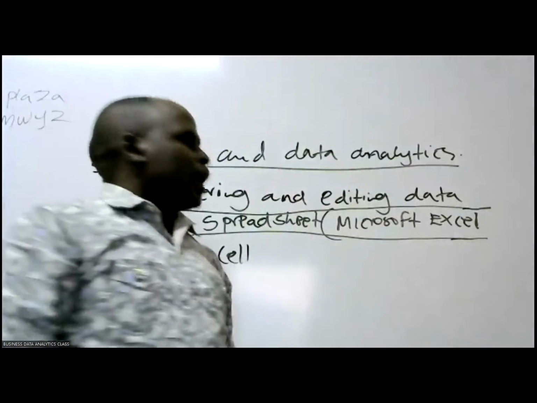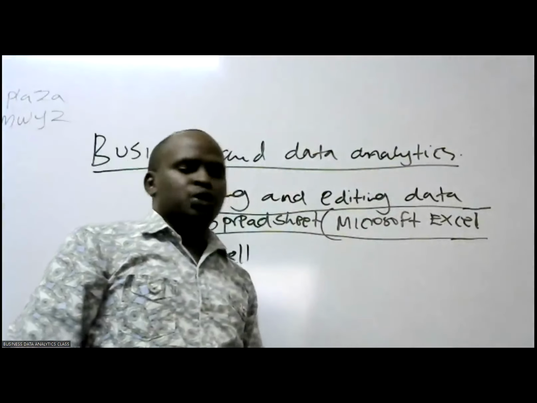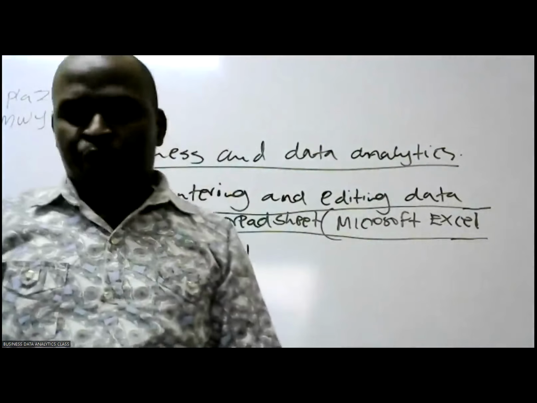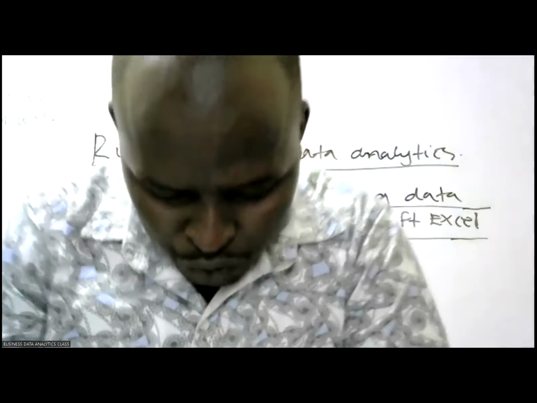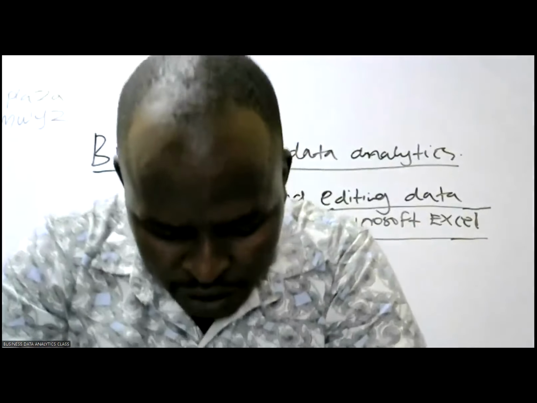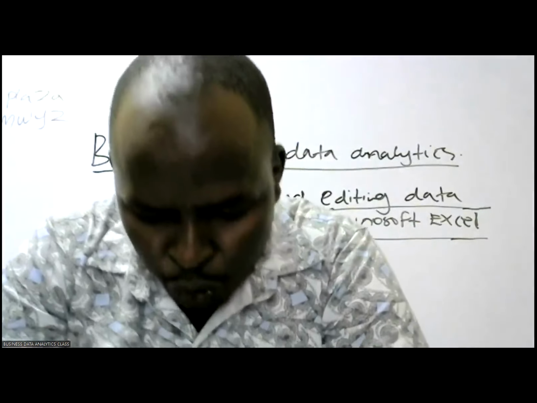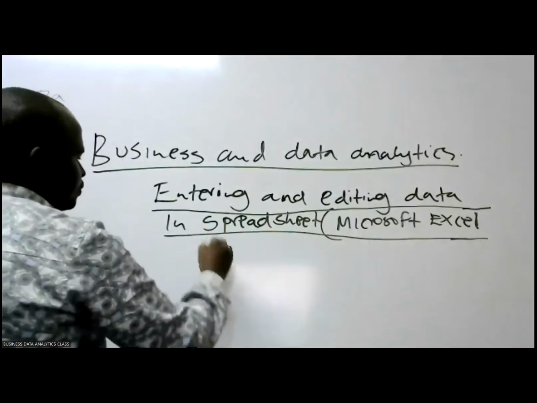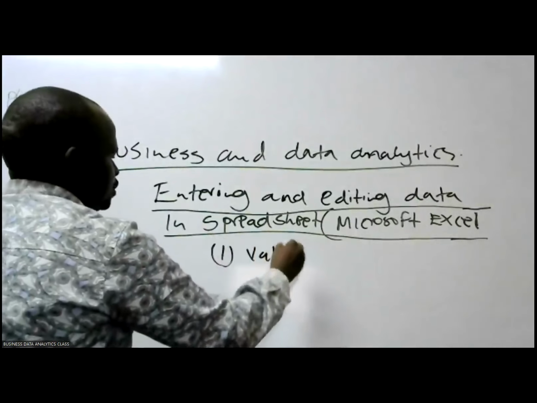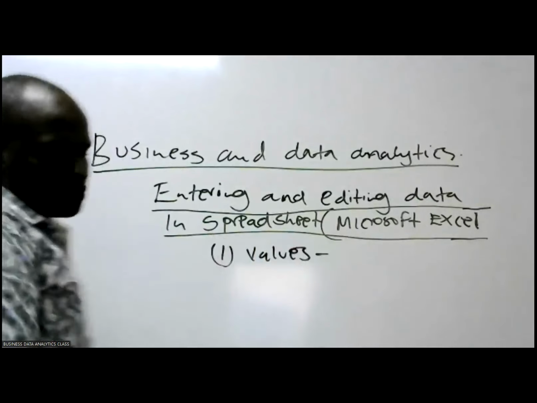It is very important for us to write, because we are not only dealing with the practical, there is also the theoretical part of it. So make sure that everything I dictate, you write. This data is categorized into 4 groups. One is values.